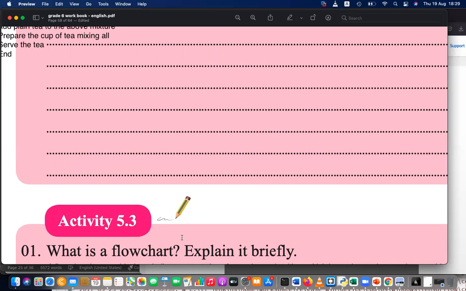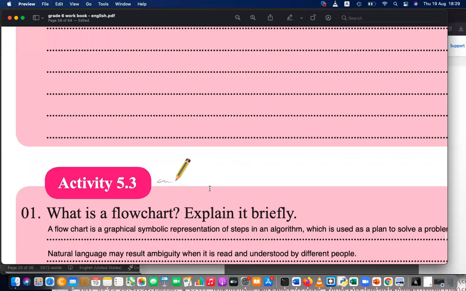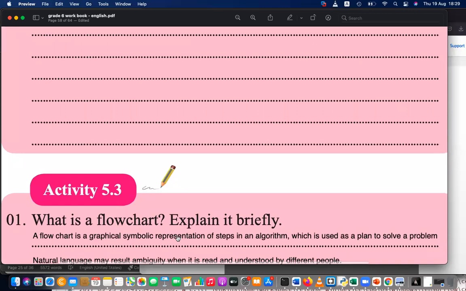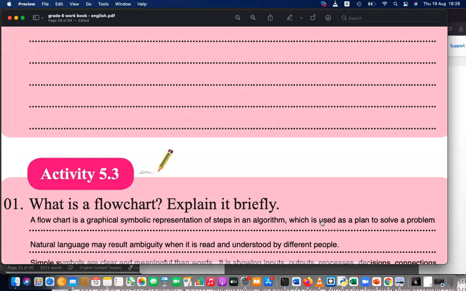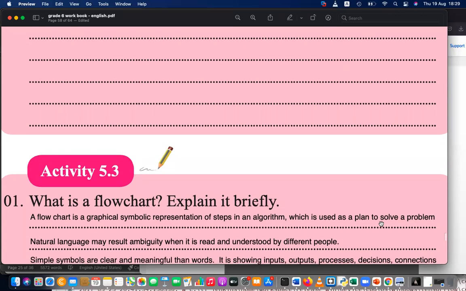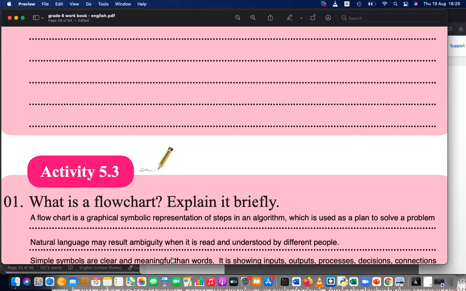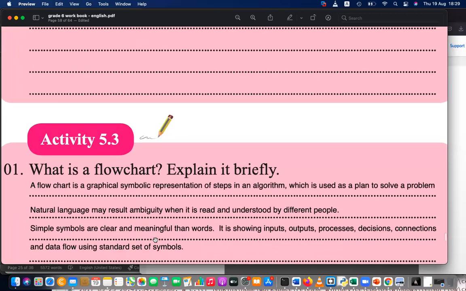So a flowchart is a graphical and symbolic representation of an algorithm, right? An algorithm is a plan to solve a problem. In addition, you can write down these additional points.